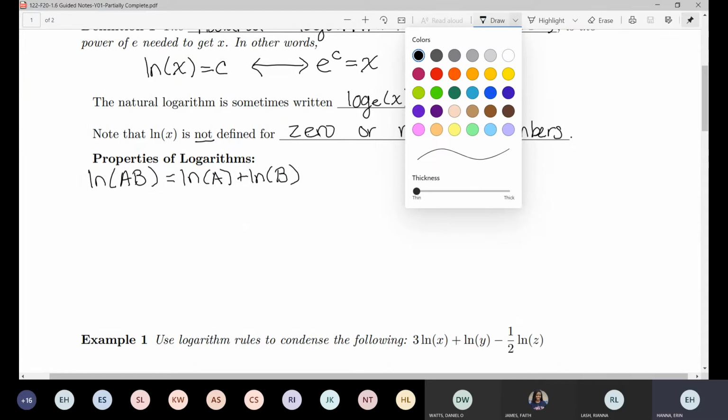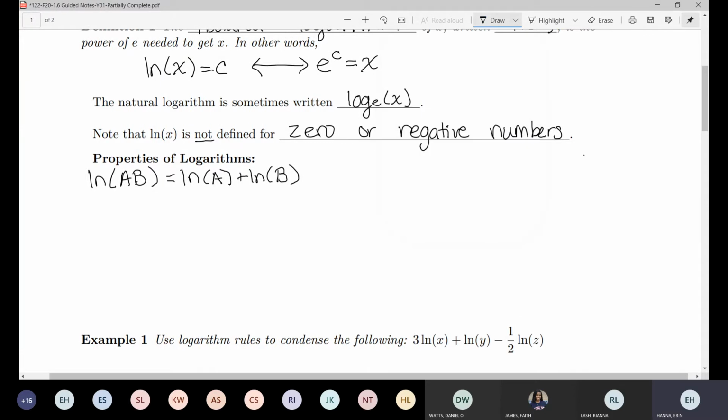The first one was if you have two things or multiple things multiplied together inside the logarithm, you can split up into addition. If we have a division of things inside the logarithm, you can split it up with subtraction.